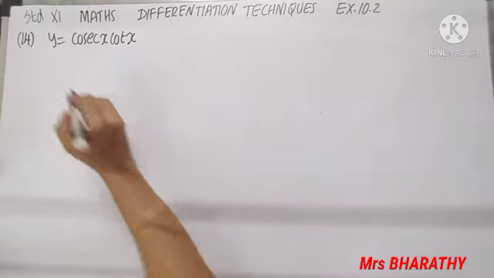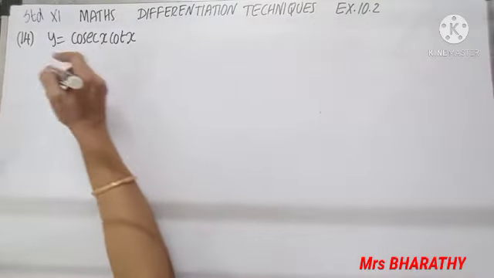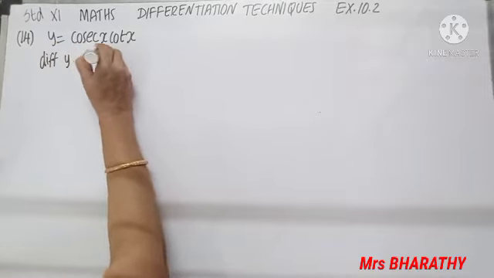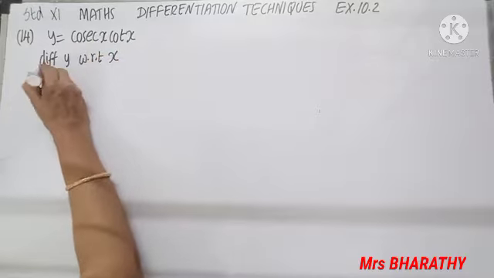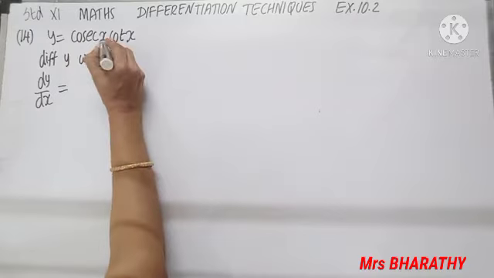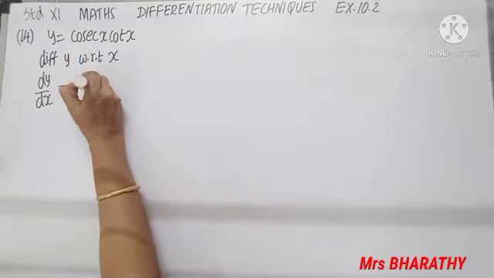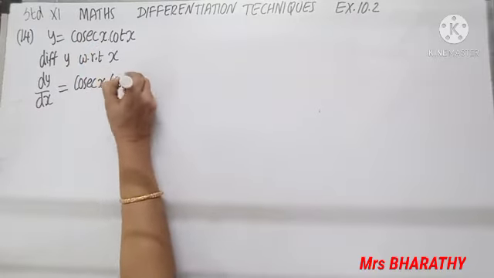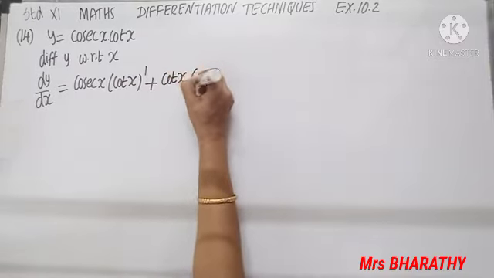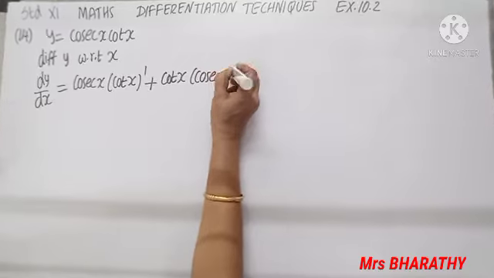Question number 14. y equals cosecant x into cot x. As we differentiate y with respect to x, y becomes dy dx. There are two terms in product. Keep the first term, differentiate the second term, plus keep the second term, differentiate the first term.